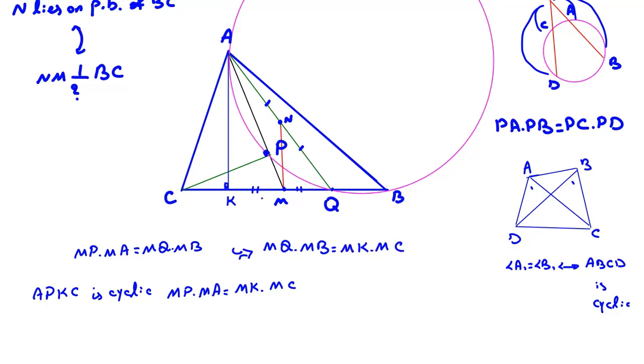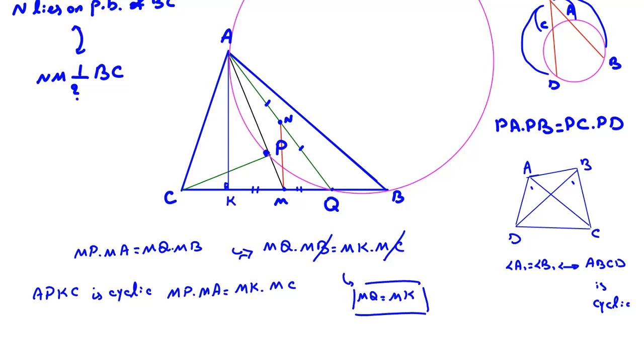And because M is the midpoint of BC, we can cancel MB and MC, and we conclude MK. Now we can say MK equals MQ. Okay, and that's an important thing here. MQ equals MK.